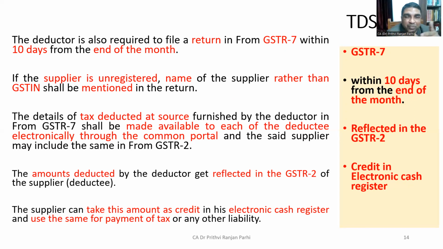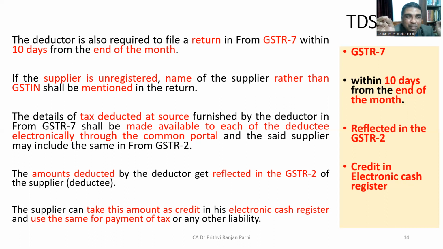And once the return is filed, the return data will be reflected in the GSTR 2 of the supplier. The supplier can see that this much tax is deducted at source. And whatever money is deposited and return is filed, that is also reflected in the electronic cash ledger of the supplier. I repeat, electronic cash ledger, not electronic credit ledger.